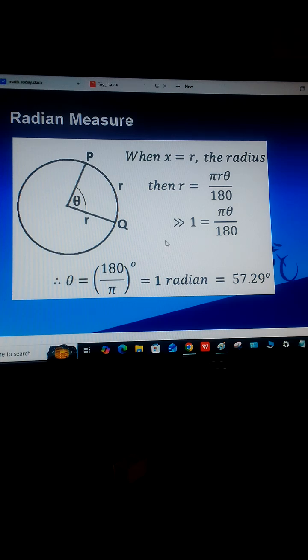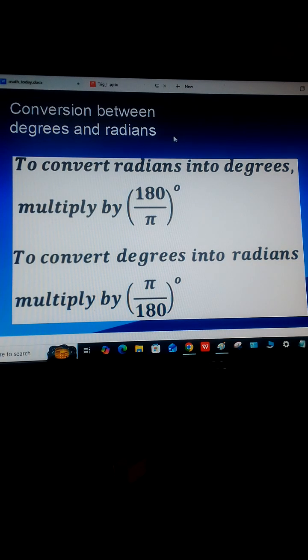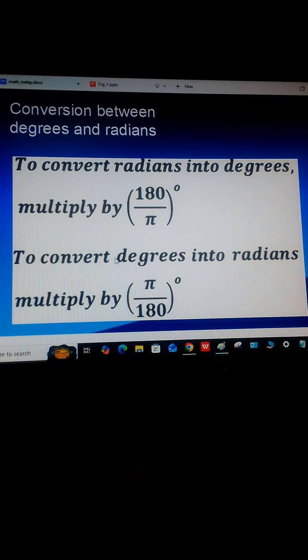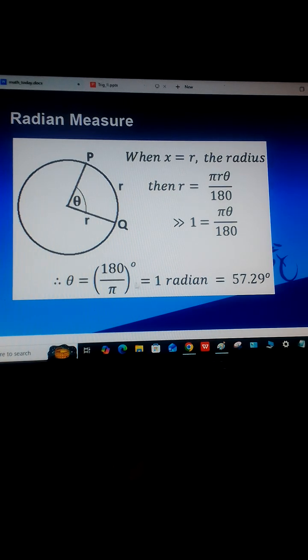All right. Now let's see how we can convert between degrees and radians. To convert radians into degrees, we multiply by 180 over pi, because we found that 1 radian is equal to 180 degrees over pi. 2 radians will be 180 over pi times 2, and so on.